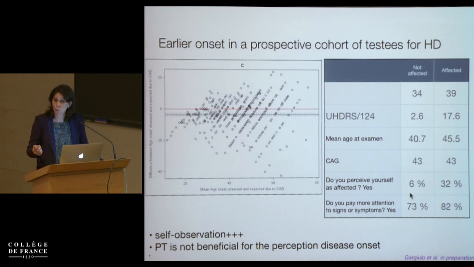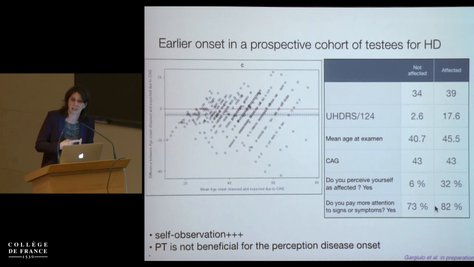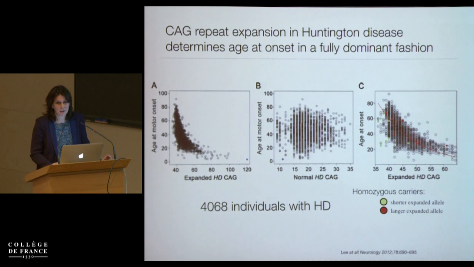And 6% of those who are clearly not affected from the clinical point of view say, yes, I am. So both groups are paying a lot more attention to their signs. This is really a problem because they don't perceive themselves as being affected, or if they do, perhaps they're wrong and not affected. And we are not able to say this either because it's very difficult to see if there are small signs. So what is age at onset?